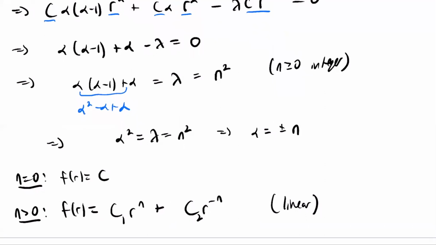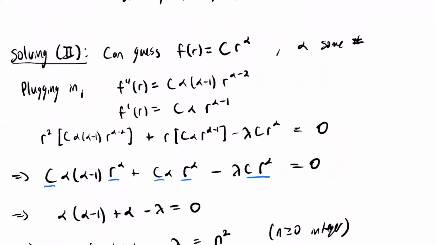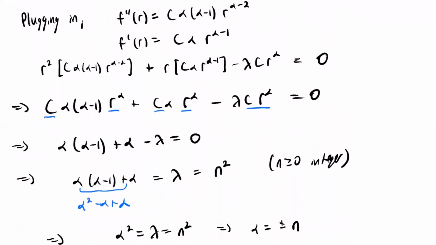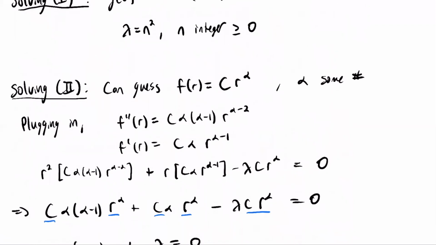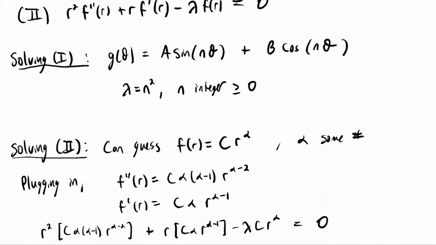And so it turns out that actually when n is equal to 0, this is not the most general solution to the ordinary differential equation. It turns out that you can add a logarithmic term, right? So you can actually add some number d times log r and still solve. You can just see this directly by going back to this equation and trying to solve it using a separate method when lambda is equal to 0, right?